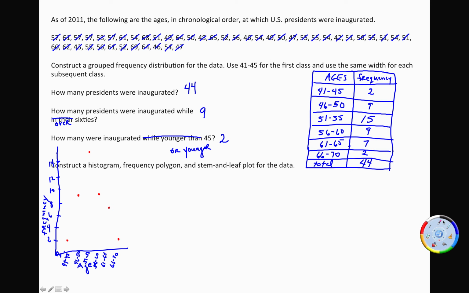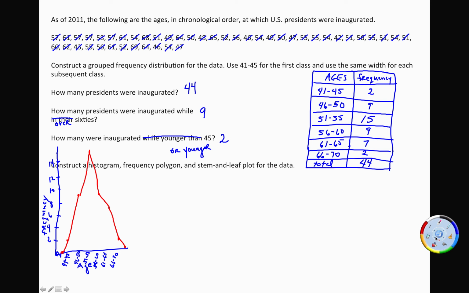Right? And then imagine that I can draw a straight line between the dots. Can actually connect the dots, okay? And end it by connecting it to the horizontal axis. Okay, so your frequency polygon should look like this.